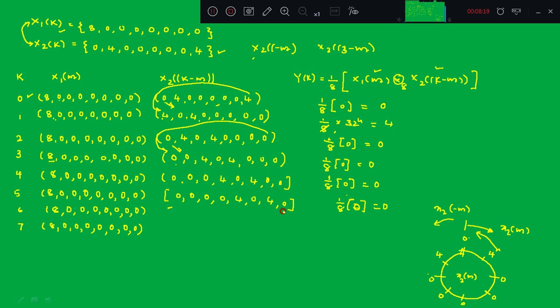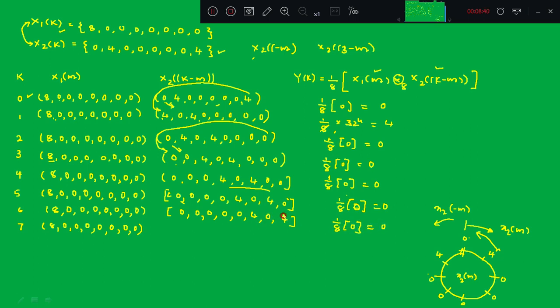Next, for k equal to 6, this 0 comes here, this 0 comes here, and 4, 0, 4 shift along. After multiplying you will get 0 only.